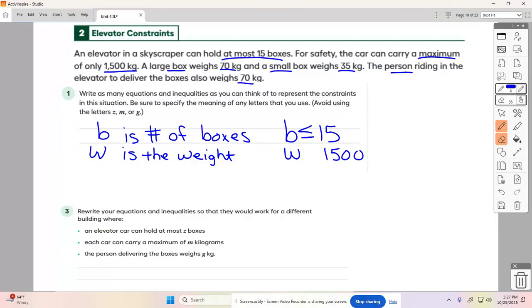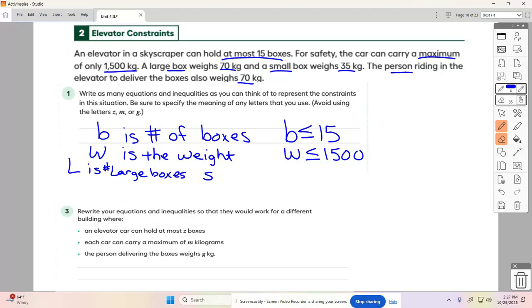So does that mean my weight is less than or greater than? Less than. Can it be equal to exactly? Yes. Another one for boxes. We have large boxes, so L is the number of large boxes.